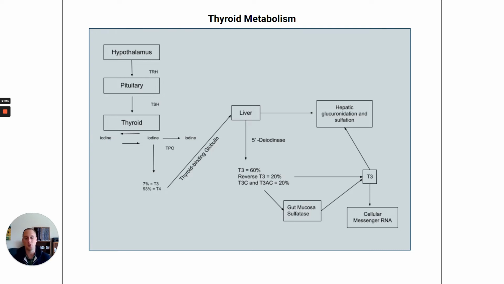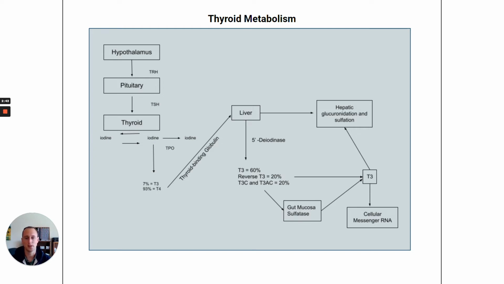And it's going to go out to the tissues, to your liver, and out to the periphery, where it will become activated, where it will turn into T3. Now, during that process, you're going to have a certain amount that's going to be turned into reverse T3, which is kind of an inactive form of it, which I'll talk about a little bit later. It's an important part.